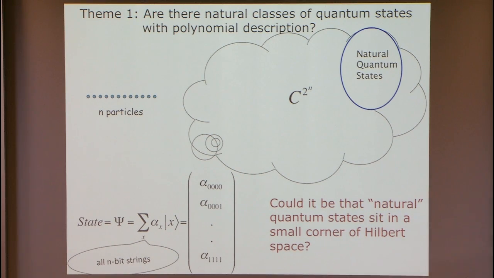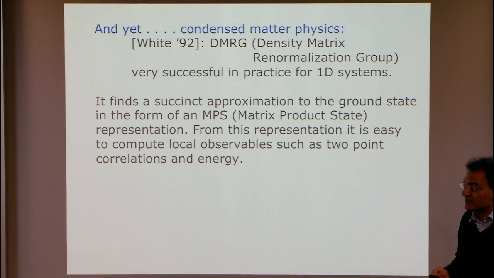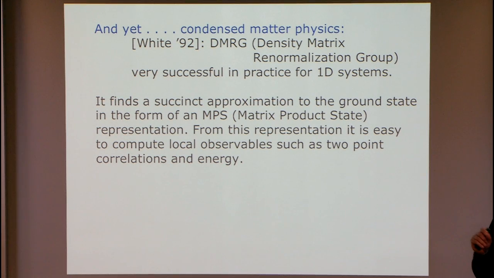And why do we believe that it should be possible to do so? Well, here's one reason: physicists have been doing this for some time, for some special systems. In particular, there's this heuristic called DMRG from about 20 years ago, which has been extremely successful in computing ground states and low energy states of one-dimensional quantum systems on a line with nearest neighbor interactions.